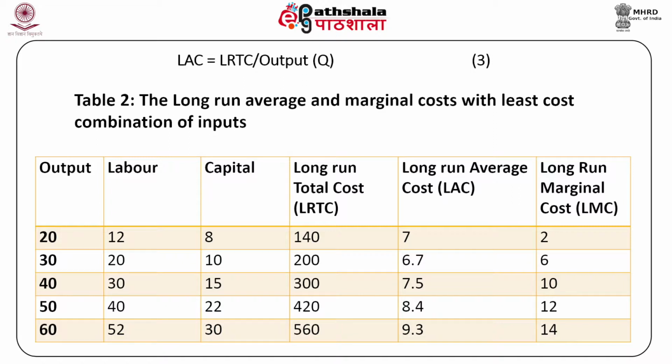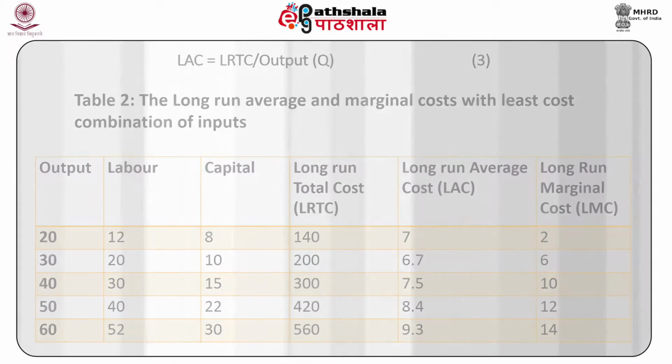Note that the LMC is less than LAC when LAC is falling, but LMC is greater than LAC when LAC is rising. This is as per the relation between marginal and average quantities that we studied in earlier modules, and as per this relation, when LAC is minimum, LAC is equal to LMC.